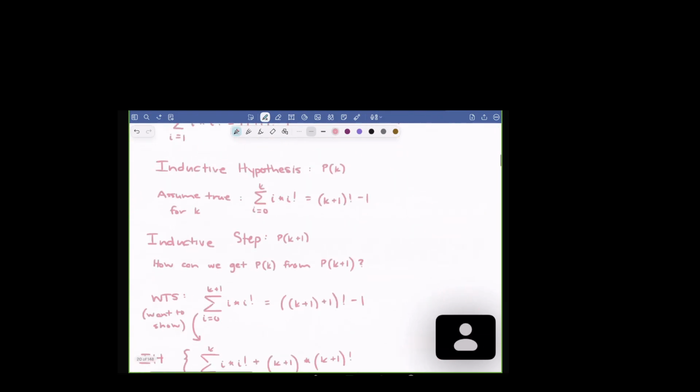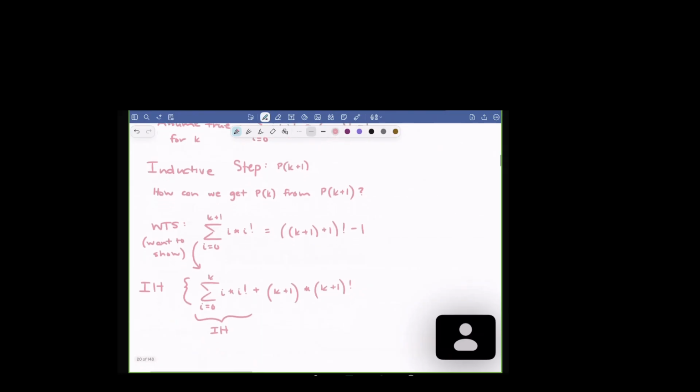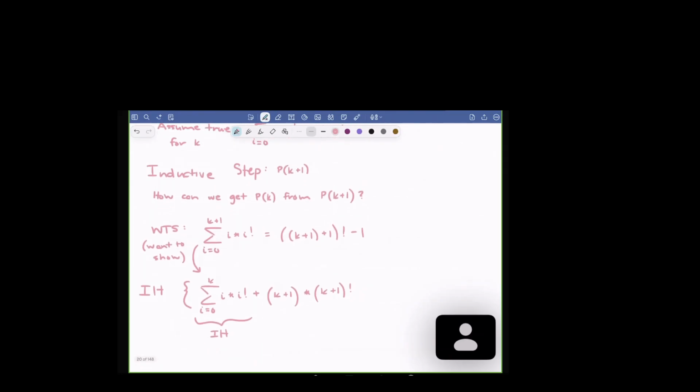Moving on to our inductive hypothesis, we assume that P of k holds, that the statement is true for k. Then in our inductive step, we want to show that the statement is true for k plus 1. So we want to somehow go from the left-hand side to the right-hand side.